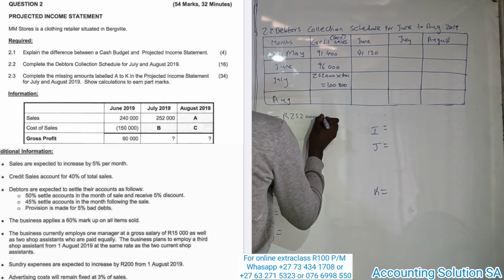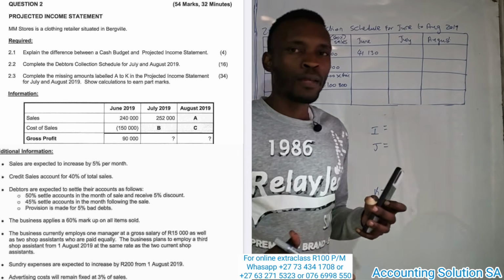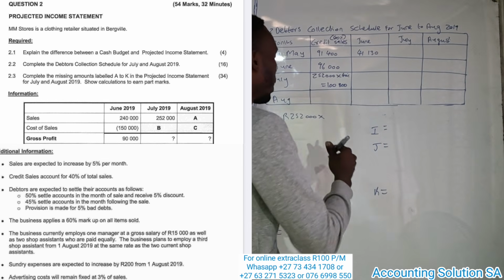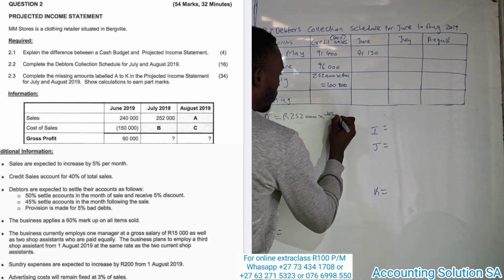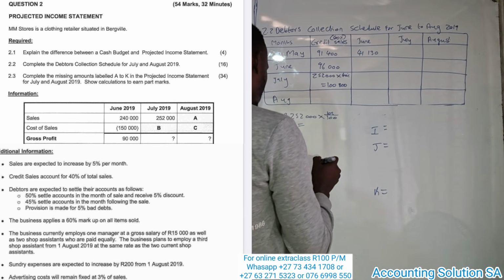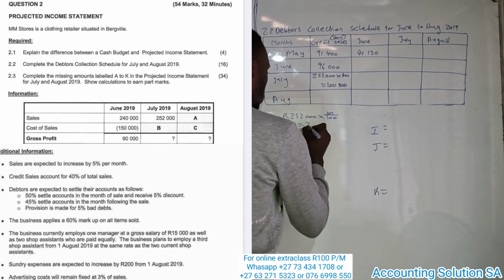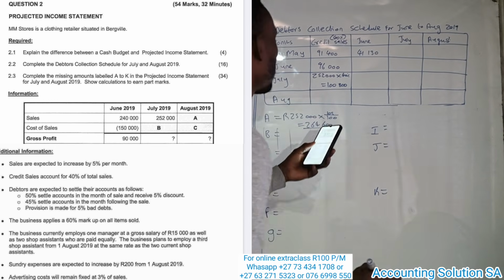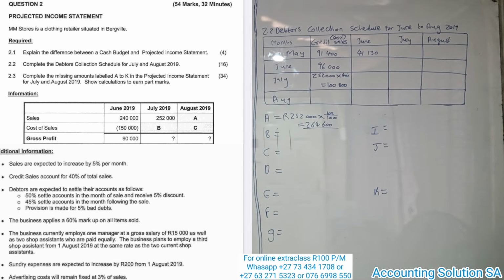They say it is going to increase by 5%, so out of 100 we add another 5, and it gives us 264,600. This is the amount we can use to calculate credit sales of August.